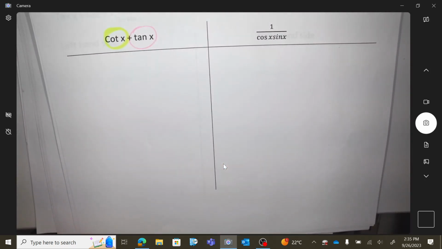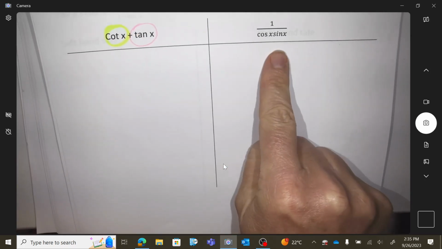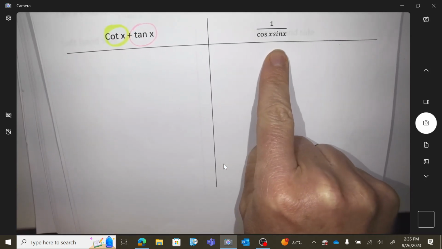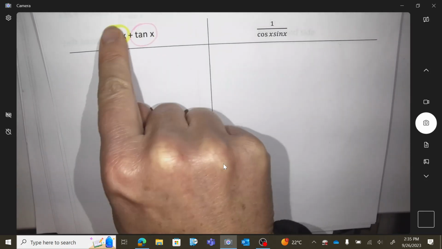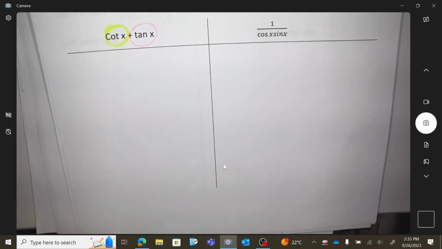And you know what I'm going to do? I'm going to think about the end goal. The end goal is that I only have cosines and sines in it. So when you make replacements, can you think of what could I replace that would just have cosines and sines?